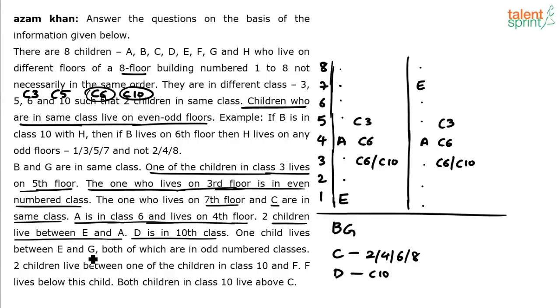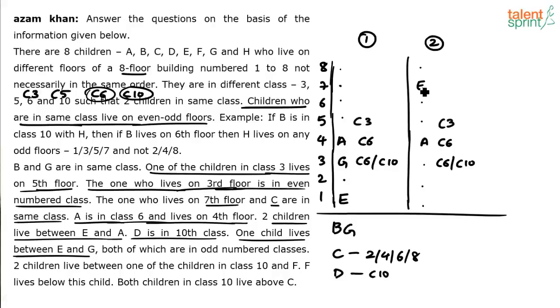One child lives between E and G, both of which are in odd number classes. Understand? Only one child lives between E and G. Since E's position is fixed, G can be fixed now. So E is here, G has to come here. In the second case, see, this is case number 1, this is case number 2.